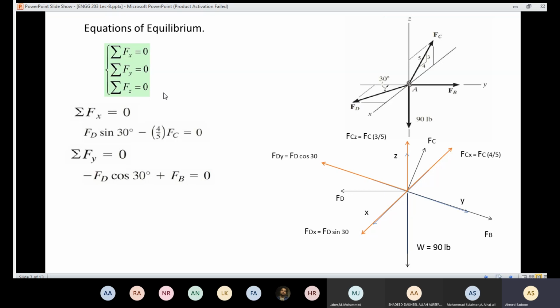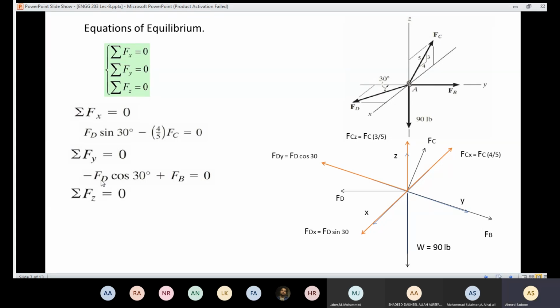Then I'm going to use the third equation, which is the summation of the forces in z direction equal 0. Here I have that force and that force. The force here is going to be positive since it's up, and that force here is going to be negative since it's down.